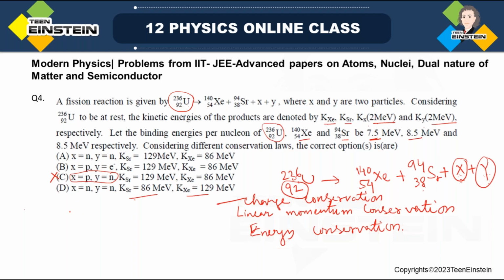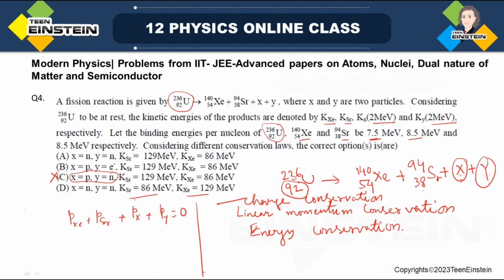That means the linear momentum of xenon plus strontium plus X plus Y will be zero by the law of conservation of linear momentum. Total momentum must be zero. So that is another clue we can get.